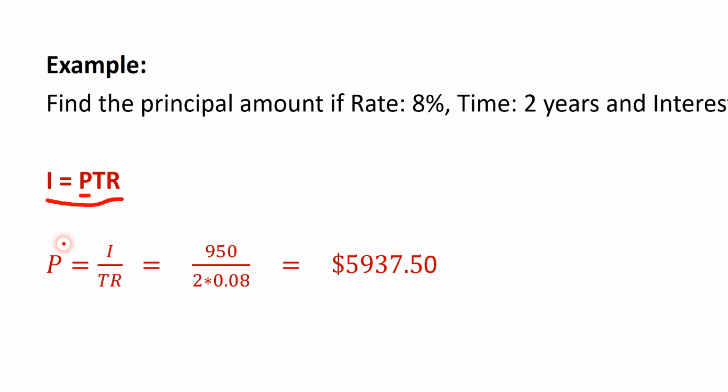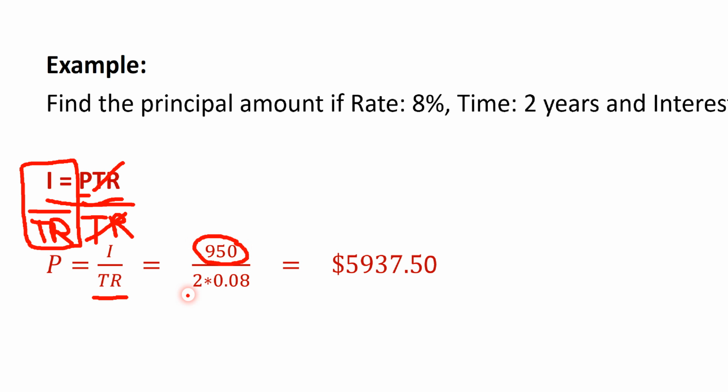In order to find P, what I will simply do is to divide by TR on both sides. Yep, and TR here as well. This TR will cancel with this TR, and I just got I by TR. Yeah, this is what I've got here. Right, now I can just simply plug the values in, 950, right?